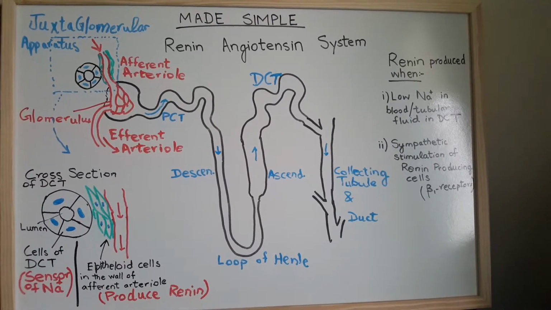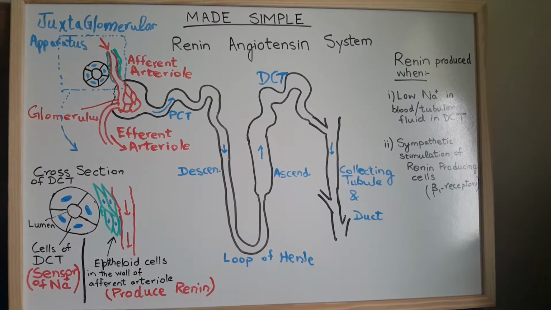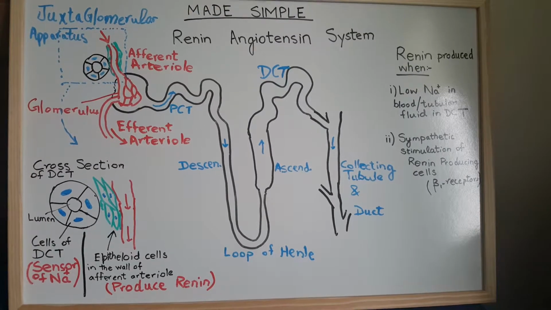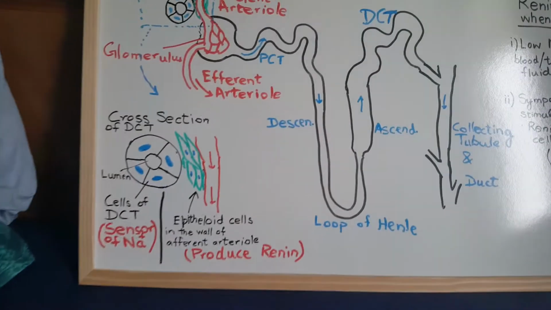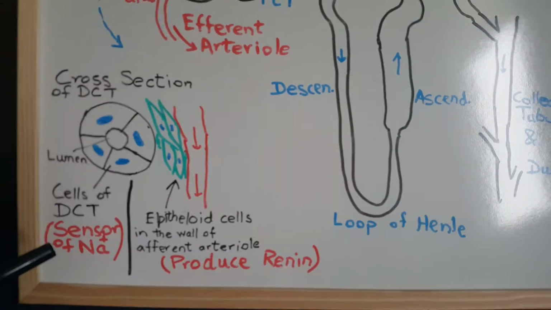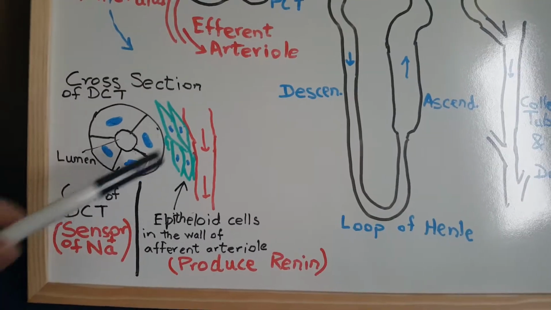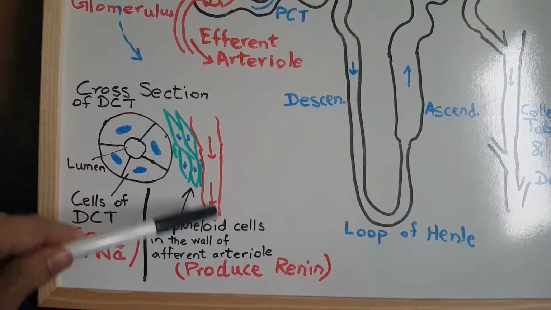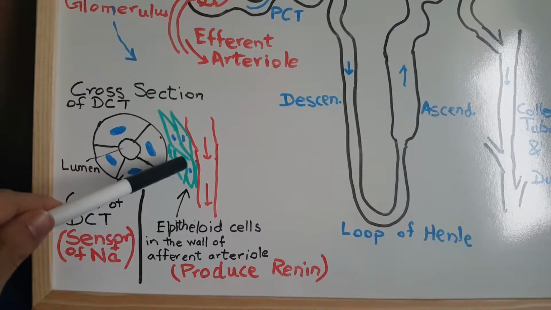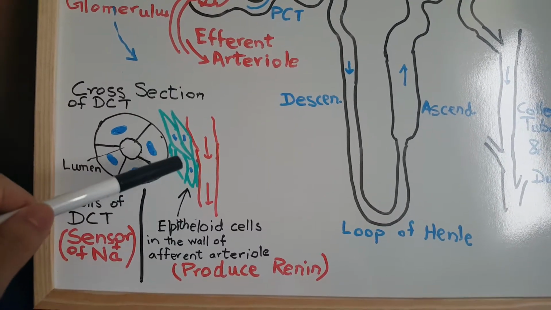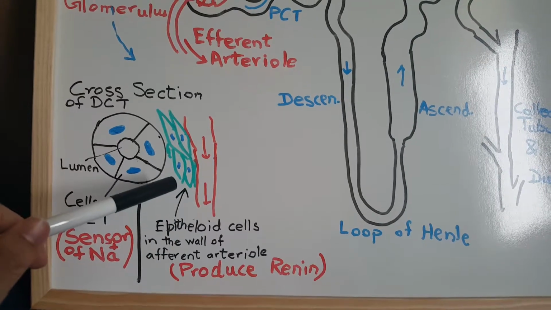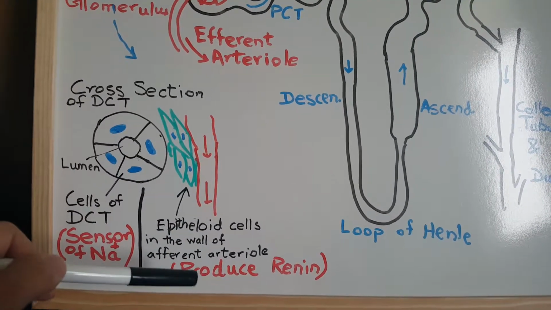Let's have a look at the juxtaglomerular apparatus, which is responsible for production of renin. This is the juxtaglomerular apparatus. This is the afferent arteriole. This is the wall of the afferent arteriole, which contains modified cells called epithelioid cells, and these cells are responsible for production of renin.